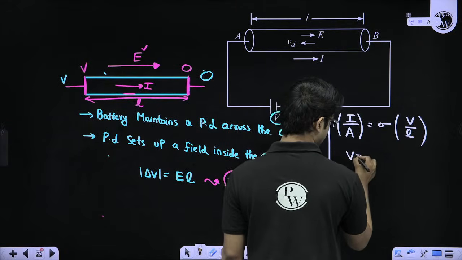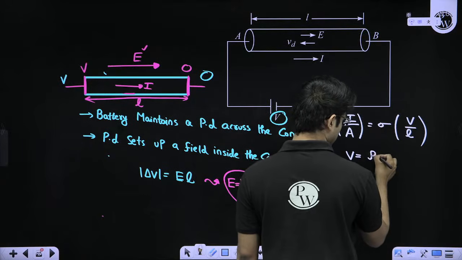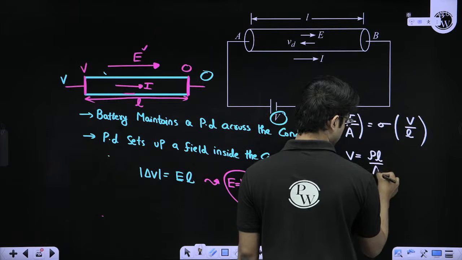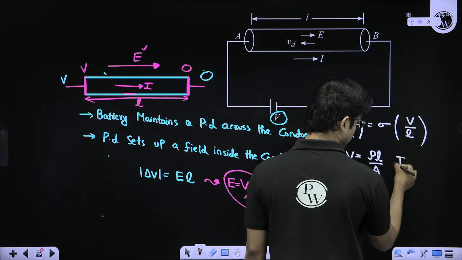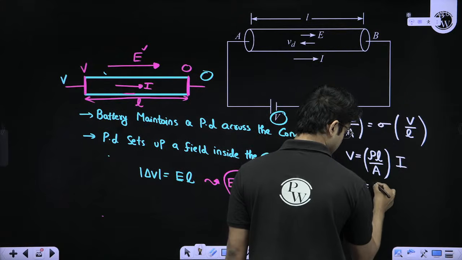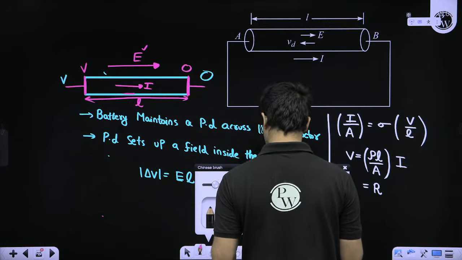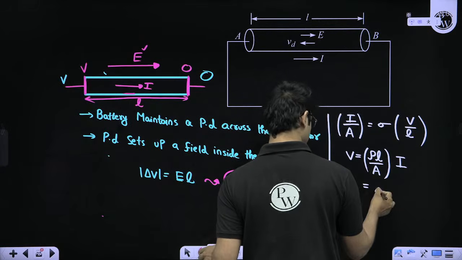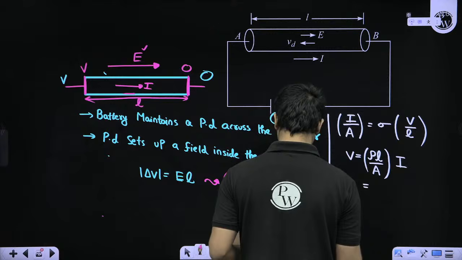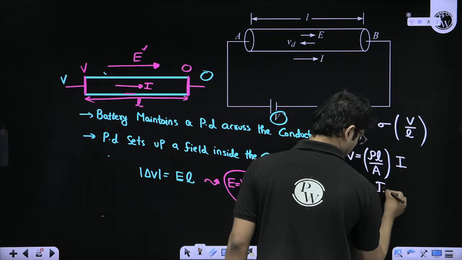So V, I can write as 1 by sigma, which is rho L by A, into the current. And this rho L by A, I can write as the resistance. This is called the resistance of this cylindrical conductor, and we get our Ohm's law expression, V equal to IR.